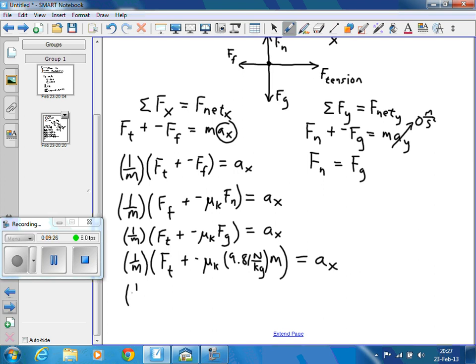So let's try it. The mass is 15 kilograms. The tension force is 200 newtons. The coefficient of friction is 0.5. Mass, once again, is 15 kilograms.